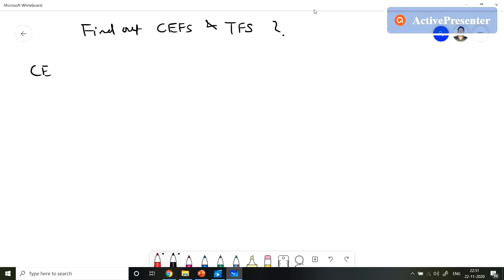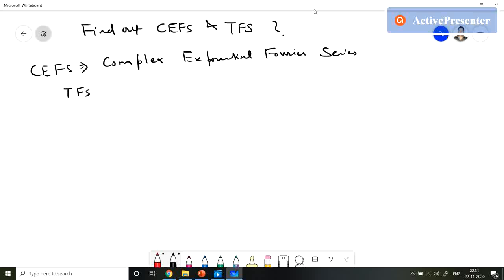Here CEFS stands for complex exponential Fourier series, and TFS means trigonometric Fourier series. So let us solve this problem.